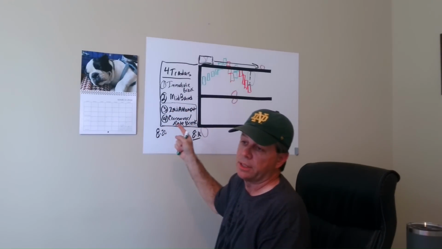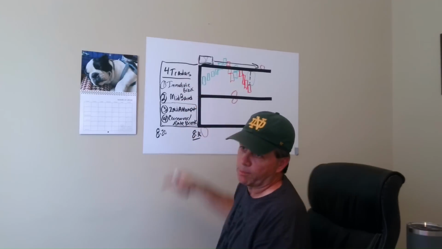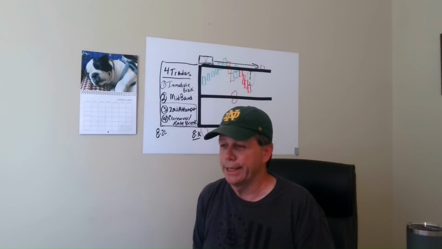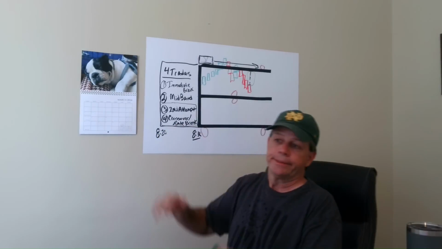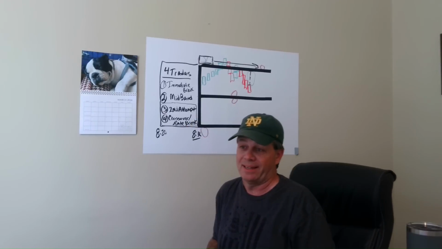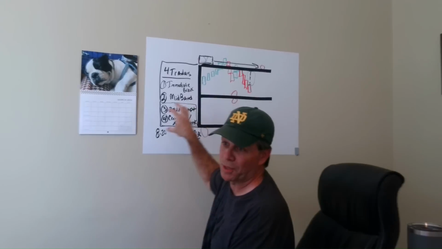If it's unemployment news at 8:30, this gold box can be huge. If it's a no-news day like today, Monday, March 4th, the box isn't really that big. I'm looking at the box right here. The box isn't that big, but the move that came out of that box was big. I'll show you that later.